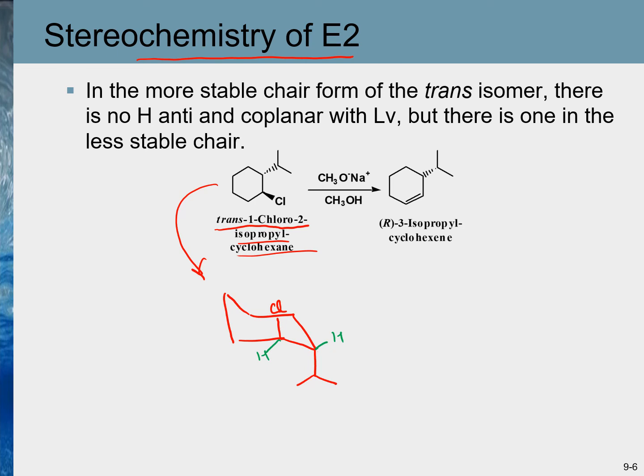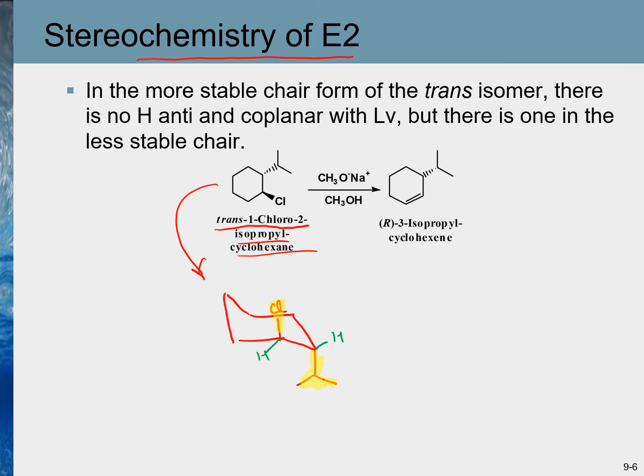So in this case you will see here that the chloro, or the leaving group, does not have any hydrogen at the anti-coplanar position. The anti and coplanar position is occupied by this isopropyl group. However, if we look at this carbon, it also has 2 more hydrogens.